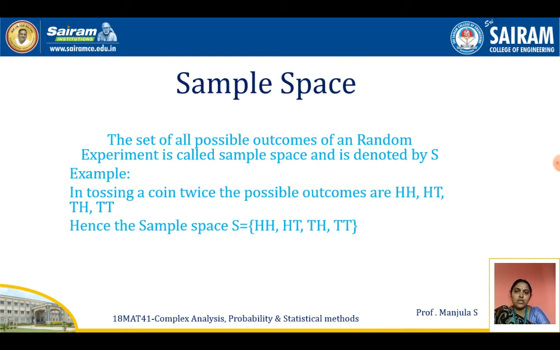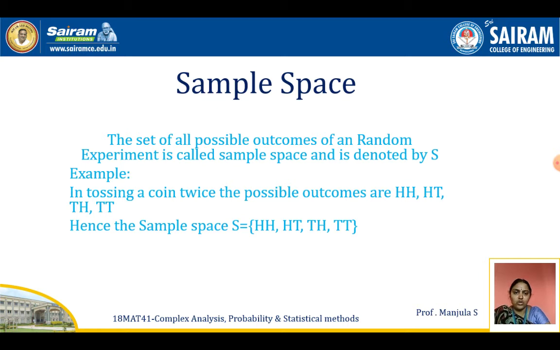What is meant by sample space? The set of all possible outcomes of a random experiment is called sample space and is denoted by S. I can explain this by taking one example: tossing a coin twice. Only one coin I am going to toss 2 times.